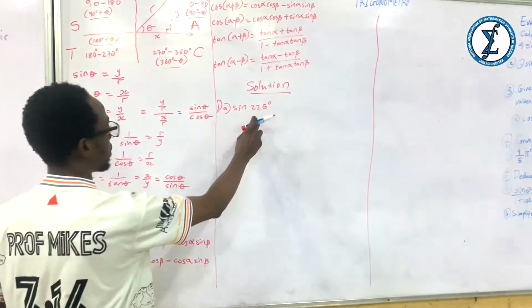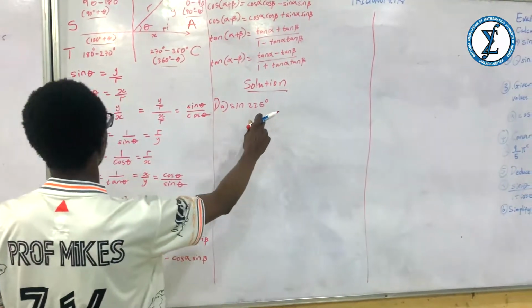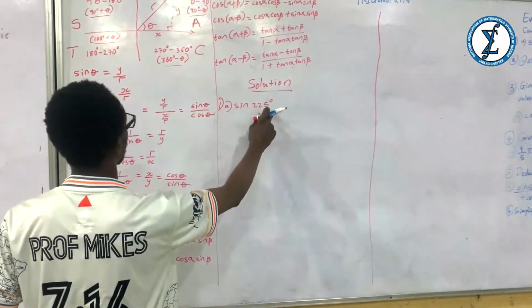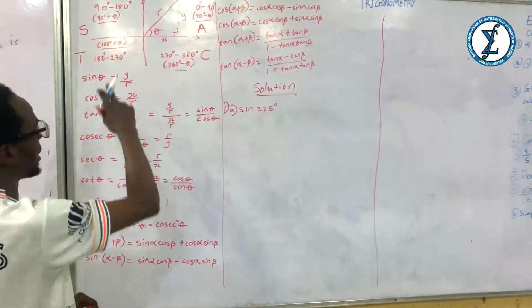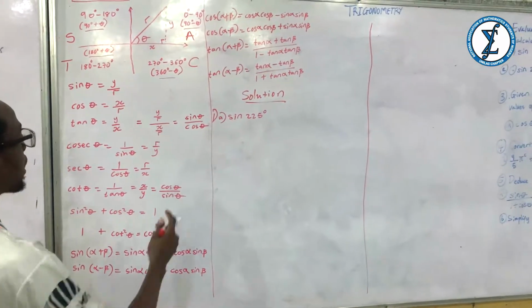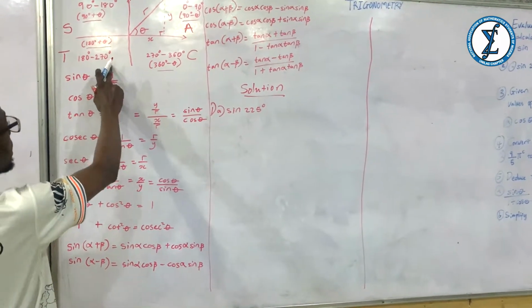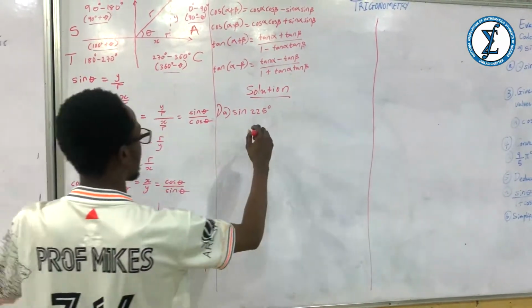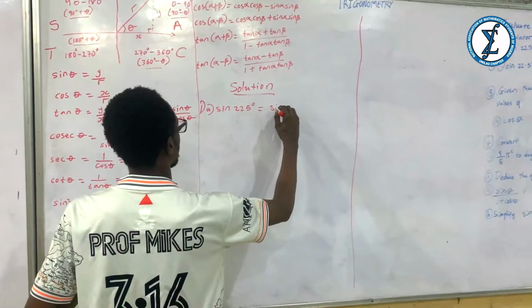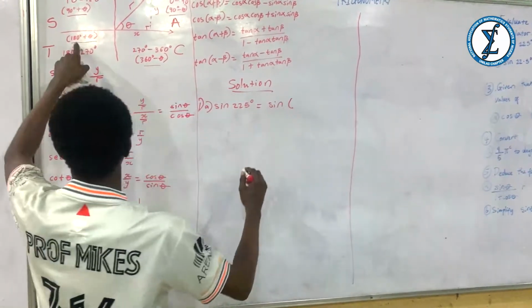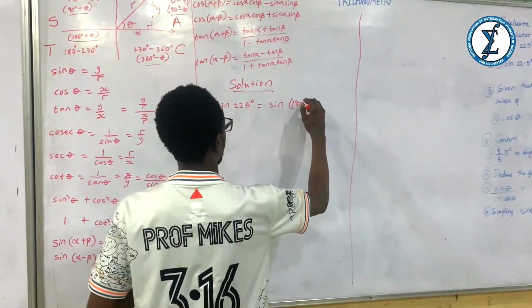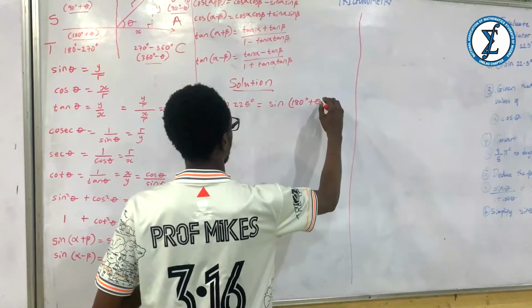So let's evaluate sine 225 degrees. First question is, where does 225 fall in this quadrant? Now 225 is between 180 and 270. So that means that we express this as sine of what? 180 degrees plus theta.